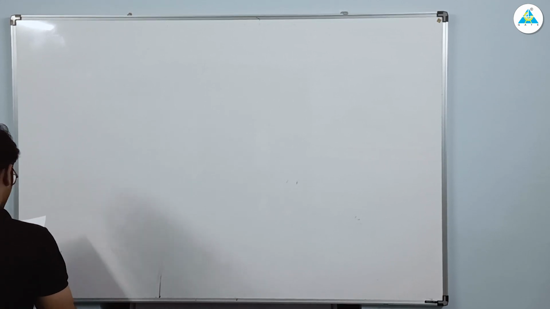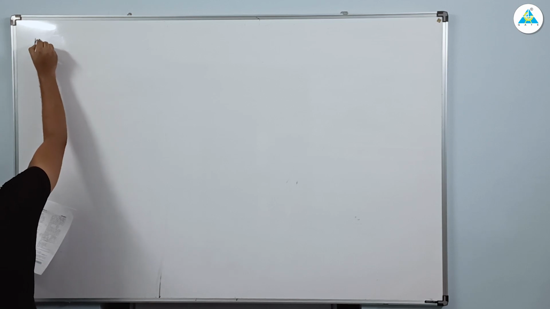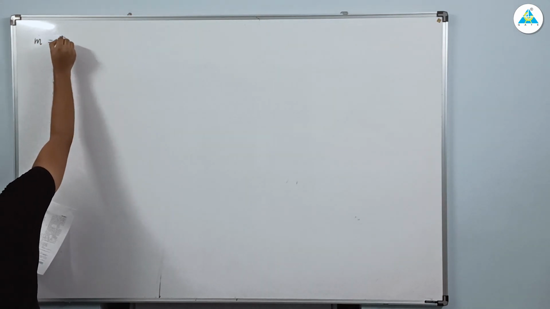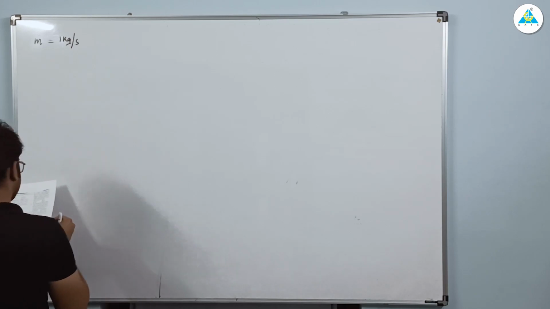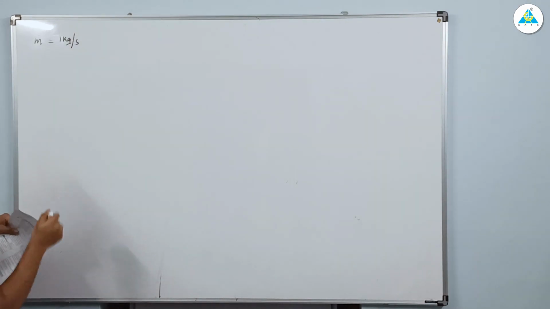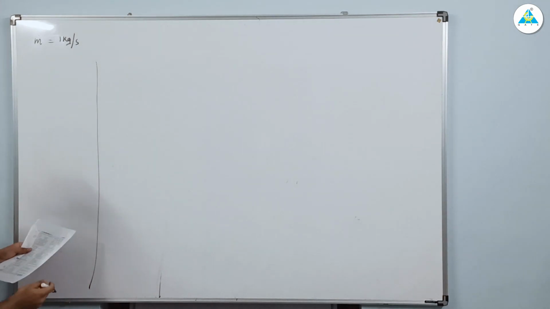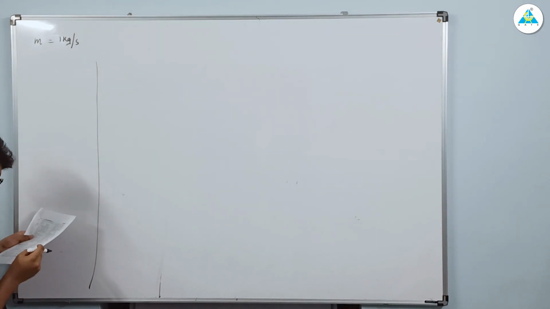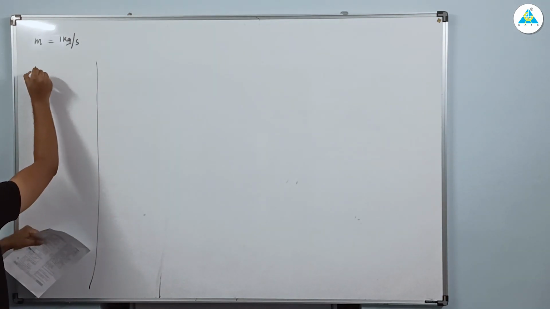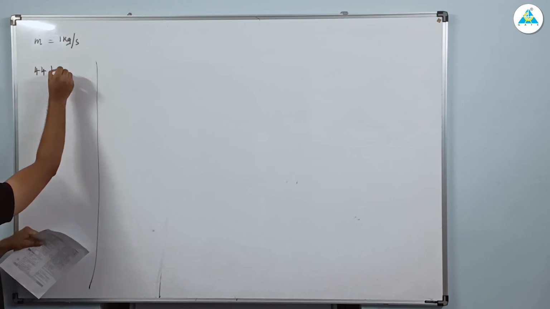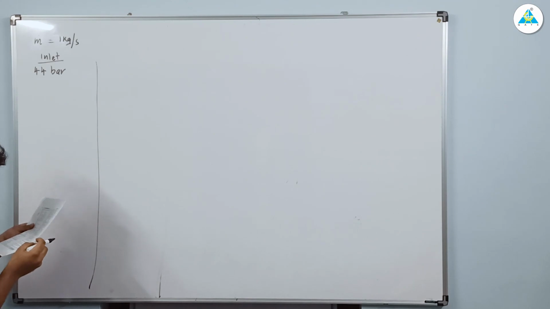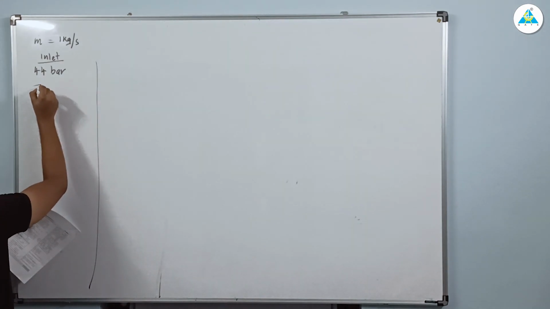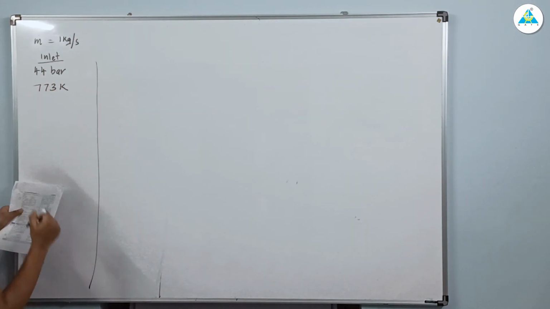The mass flow rate is given: 1 kg per second. Steam is supplied at 44 bar, so this is the inlet condition, at 44 bar and 500 degrees Celsius, that is 773 Kelvin.